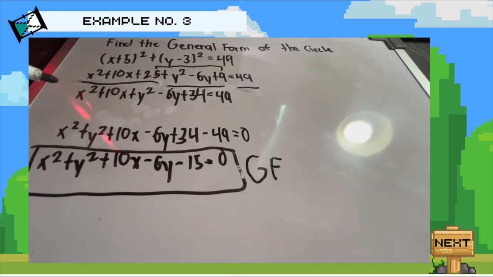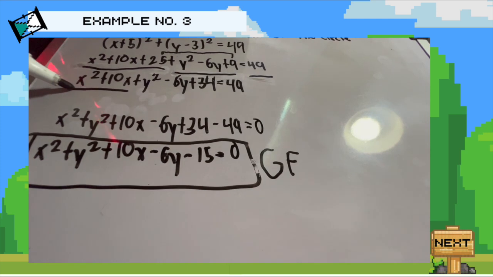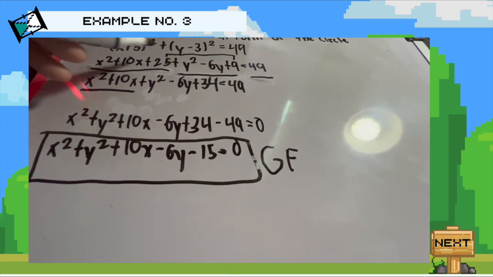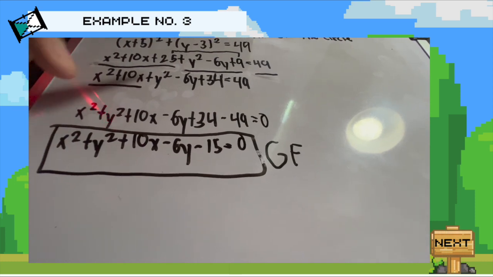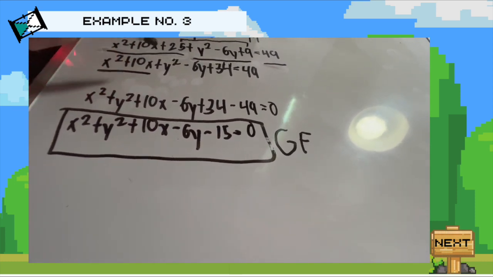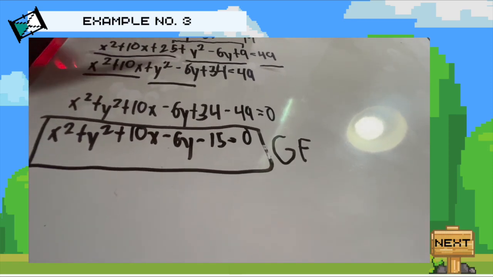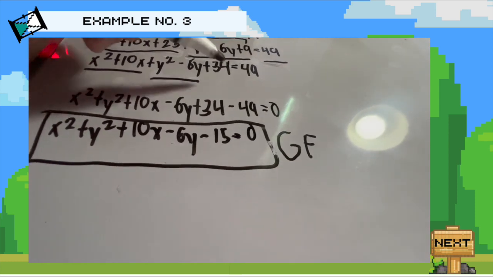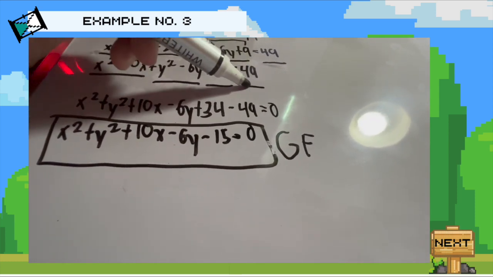And now combine like terms, so that is x squared plus 10x, and we can combine the 25 and 9, so let's just copy the y squared minus 6y, then 25 plus 9 is equal to 34, then let's just copy the 49.